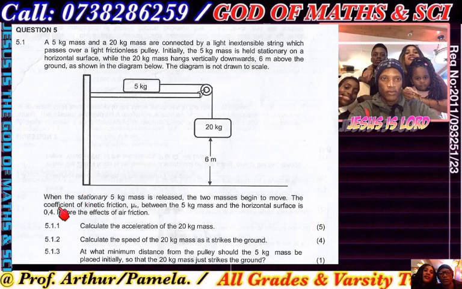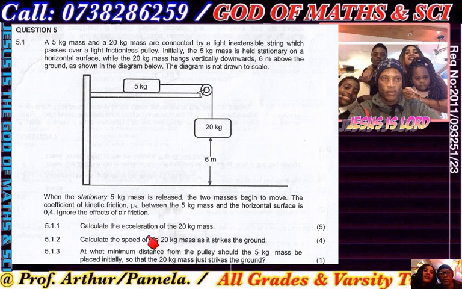When the stationary 5 kilogram block is released, the two masses begin to move. The coefficient of kinetic friction between the 5 kilogram mass and the horizontal surface is 0.4. Ignore the effect of air friction.